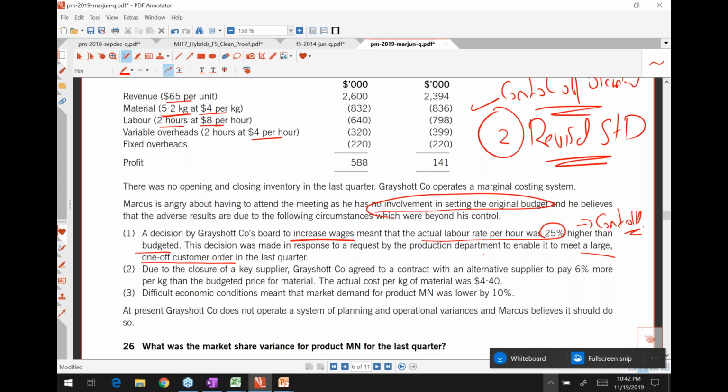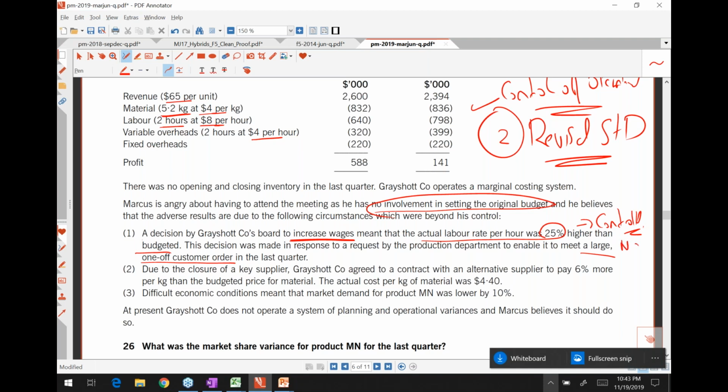This will make your life easier and you will give me good wishes for that. So, the production department requested for that. So, Marcus is responsible. If Marcus is responsible, this means the standard will not be revised. Okay? Standard will not be revised.